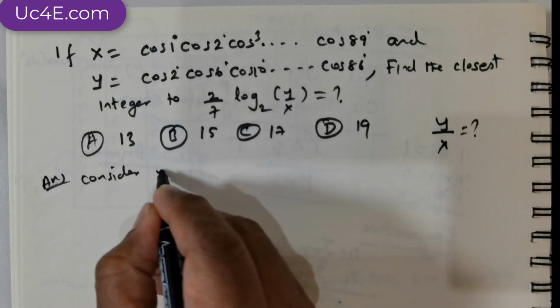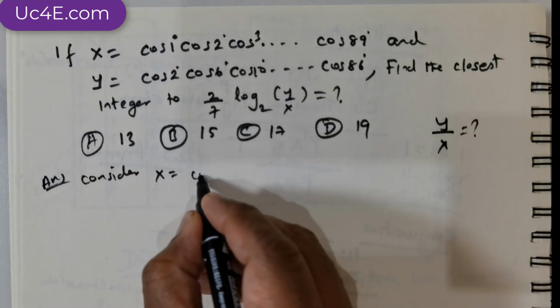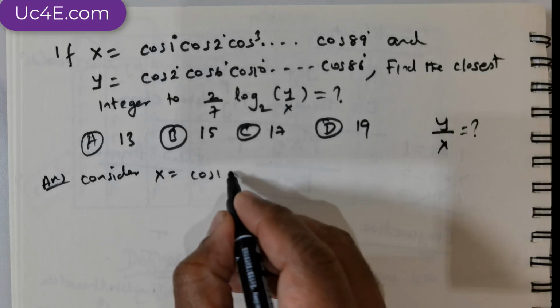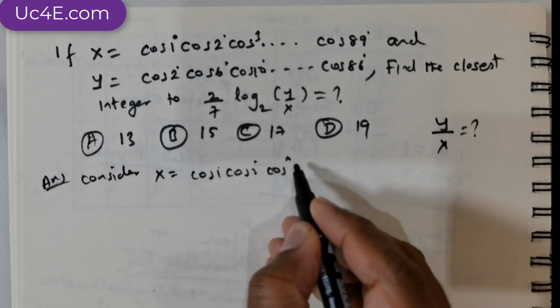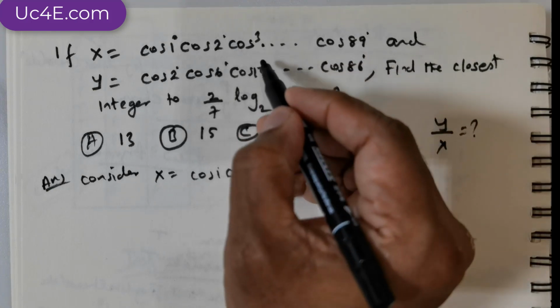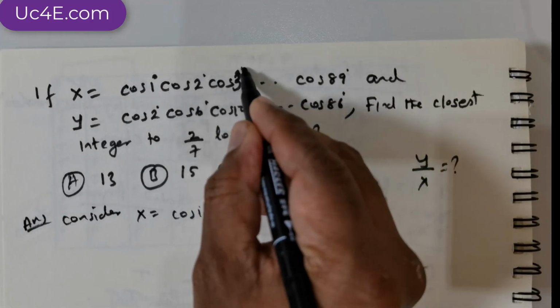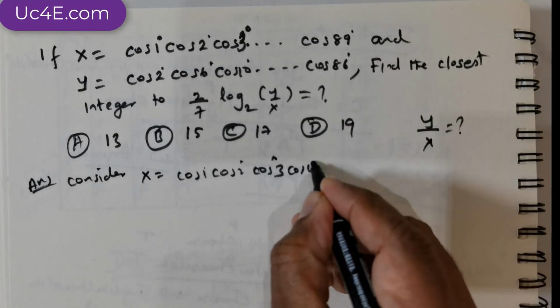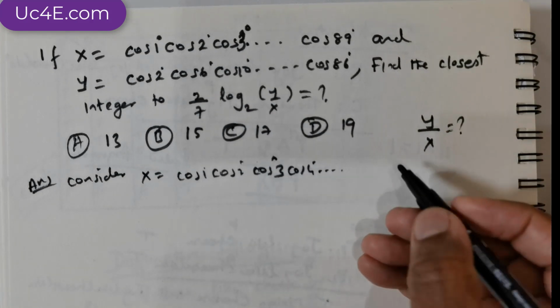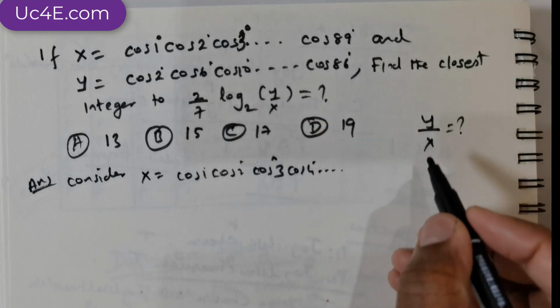outrightly consider x. X is given to be this: cos 1 degree, cos 2 degrees, cos 3 degrees, cos 4 degrees, and so on. It goes all the way up until cos 89.